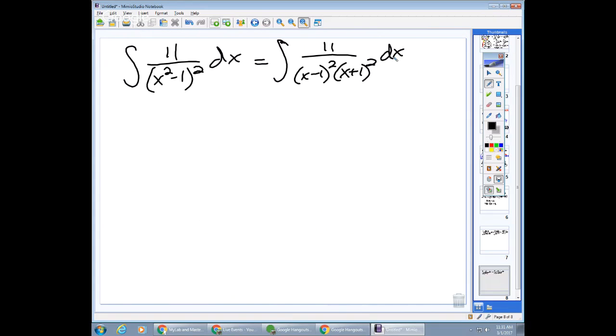So here I have linear factors. Okay? And the partial fractions for linear factors say, because of the second power, you're going to have two terms for each linear factor.